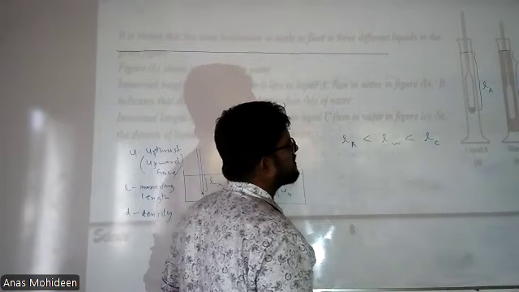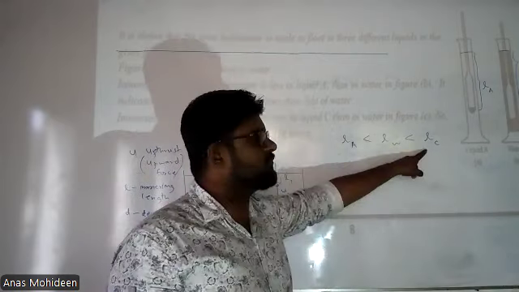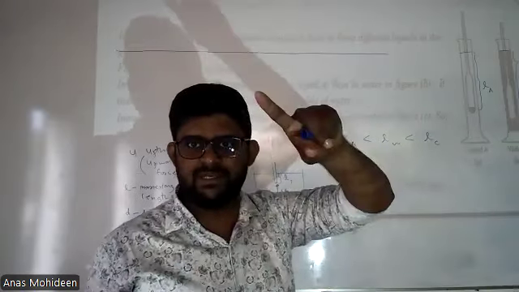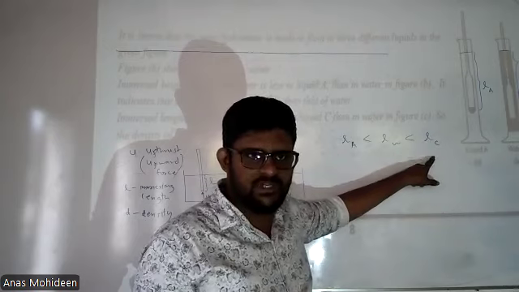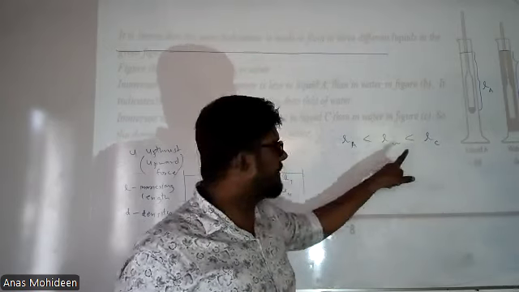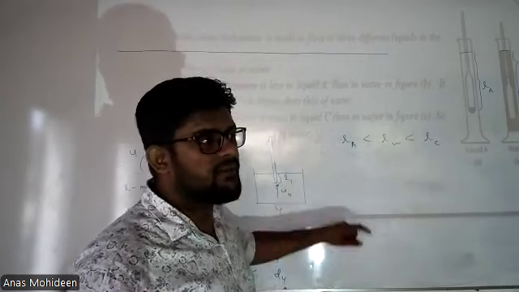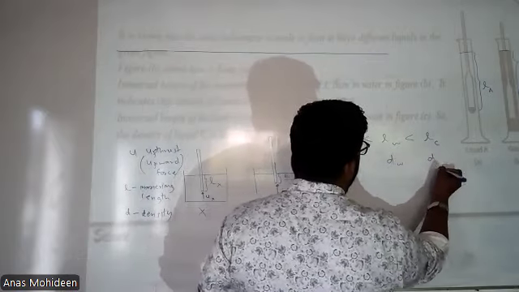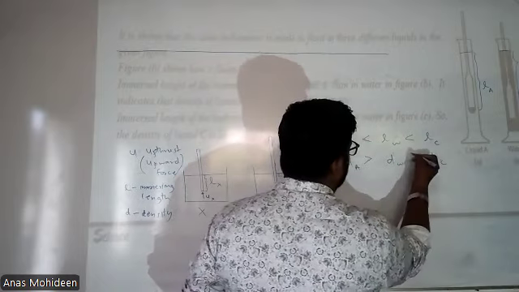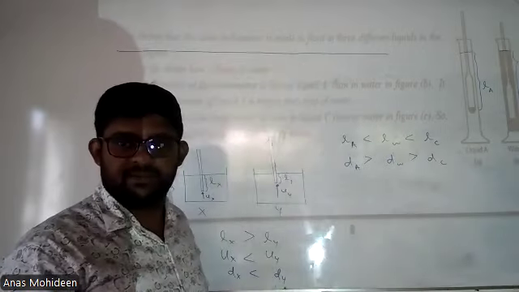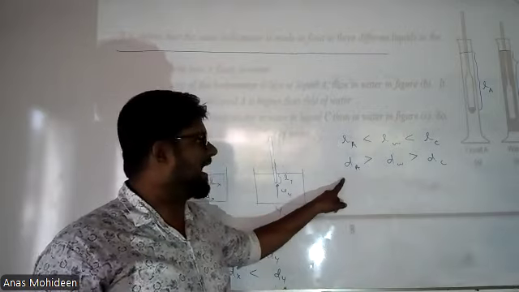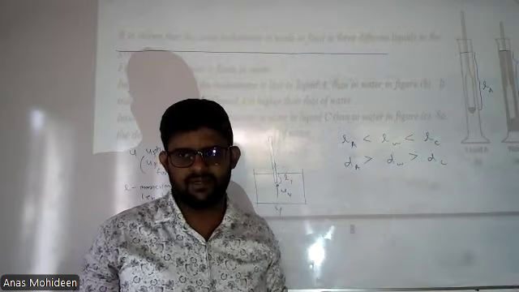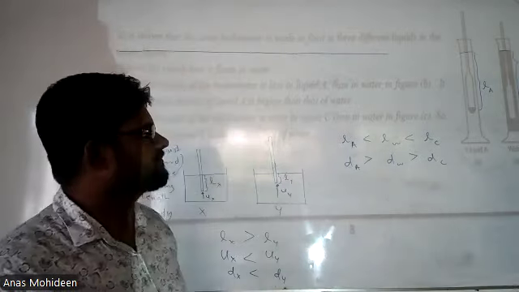Immersive length more means density should be less. Immersive length less means density should be more. So when I compare the densities of A, W, C, it has to go in this order. So A is more dense than W, C is less dense than W. Is the point clear? Okay, mark it down.